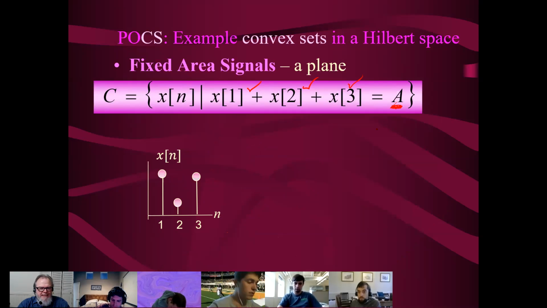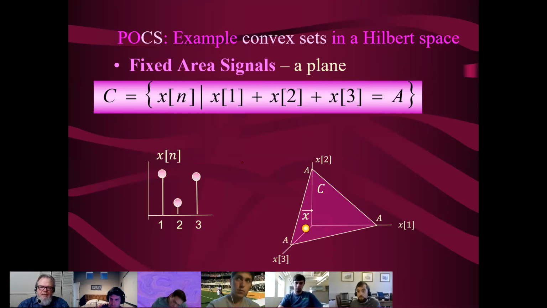If you fix the constant and look at the set of all signals that this corresponds to, this is also a convex set. And we can visualize this by looking at things in 3 dimensions. This is the plane which is defined by x1 plus x2 plus x3 equal to a.